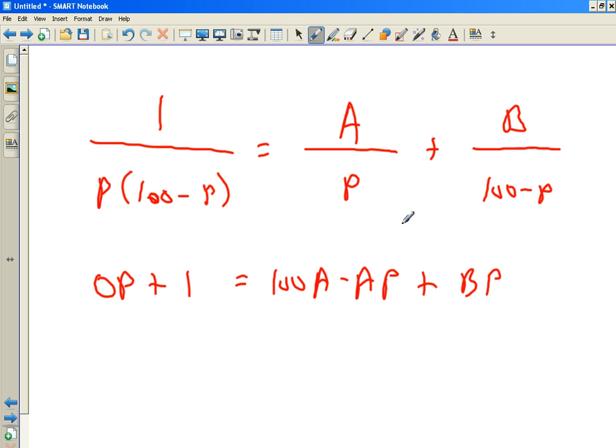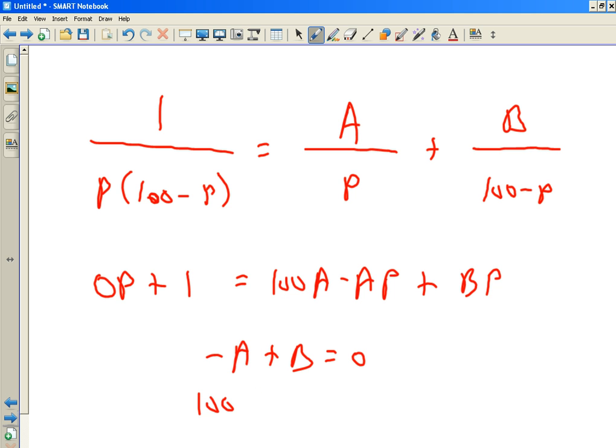I'm matching the p's, in other words. Well, they're equal, right? Negative a plus b has to equal 0. And what about the 1? 100a equals 1.